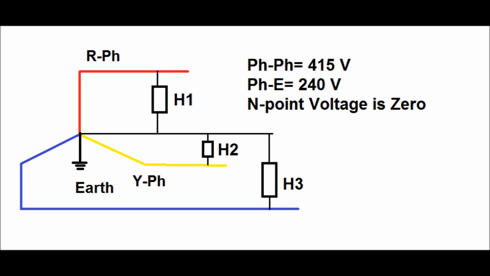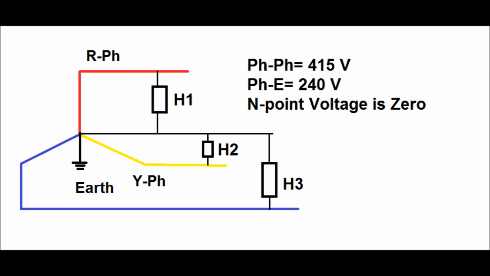Most domestic load is single phase, that is, one phase and the neutral wire are taken to the domestic load. But for a bulk consumer, three-phase load is taken from the supply.